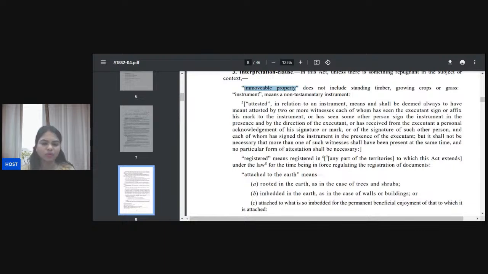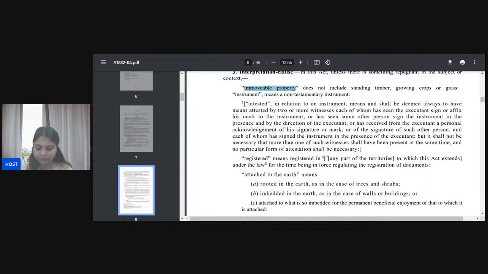If you see the definition which is given in section 3, it is not clear and complete regarding immovable property. So this act is not defining immovable property completely and clearly. How do you define immovable property if this act is not defining it in the interpretation clause?